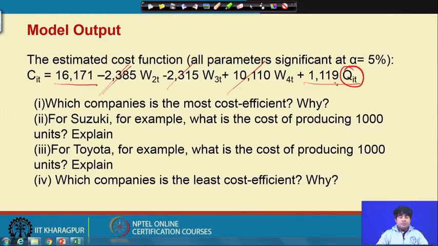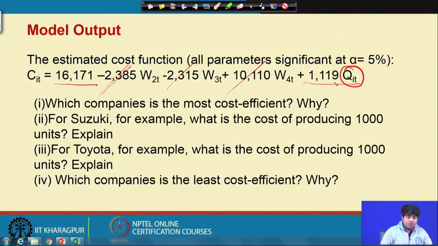As a result, we can declare which one is the most efficient and which is less efficient, with respect to low cost and high cost respectively. So we want to check the firm 1 cost structure, the firm 2, firm 3 and firm 4 cost structures, at output 1000.